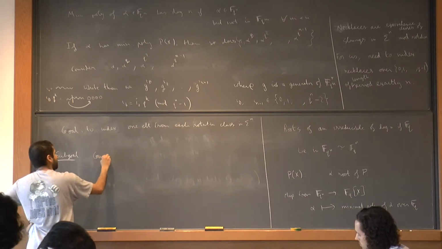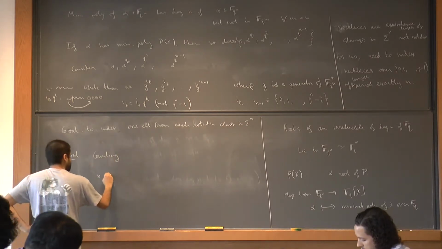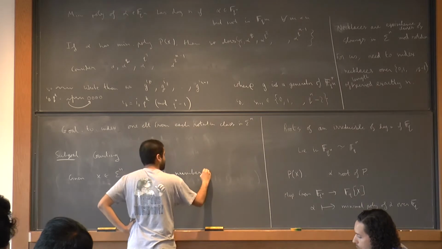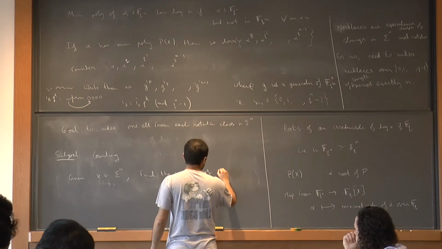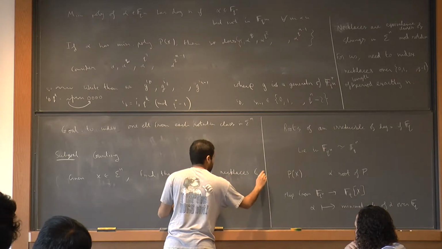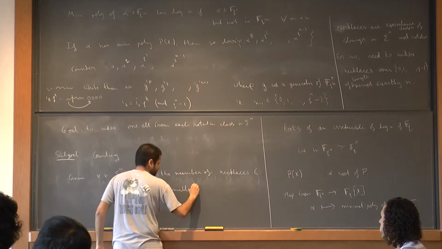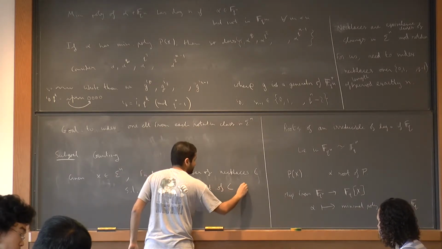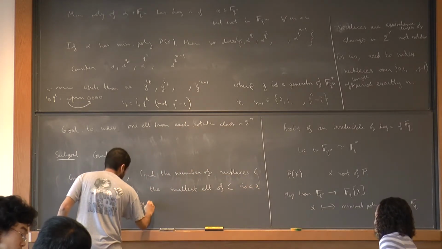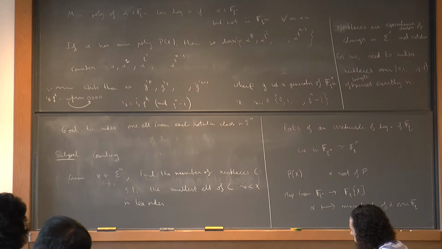Counting: given x in sigma to the n, find the number of necklaces C such that the smallest element of C is less than x in lex order. If we can solve this, then we can index necklaces, I want to say.